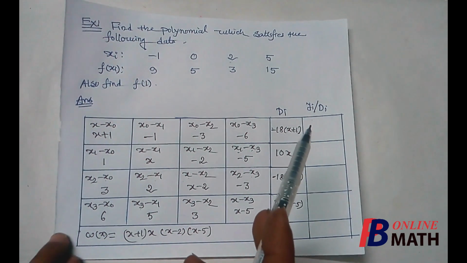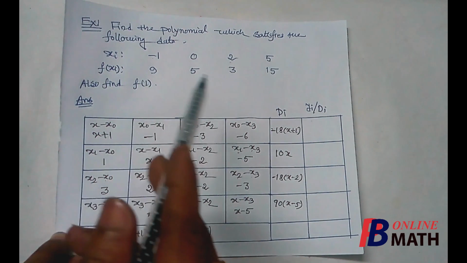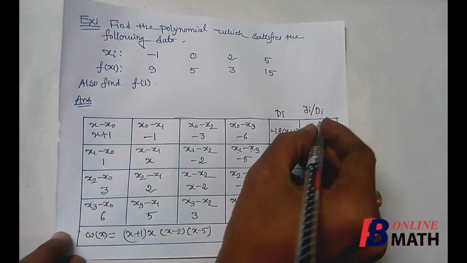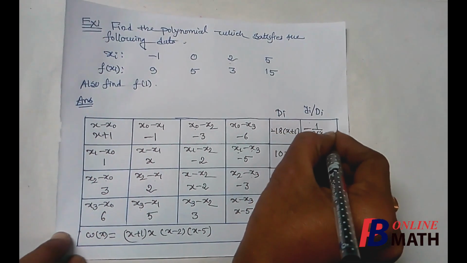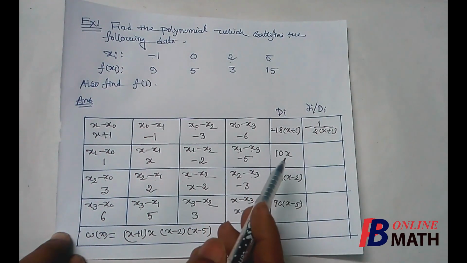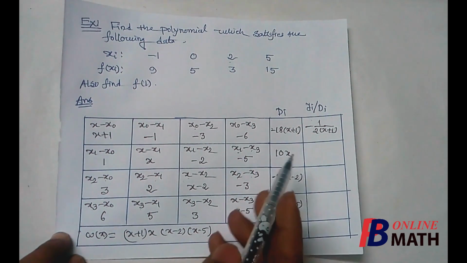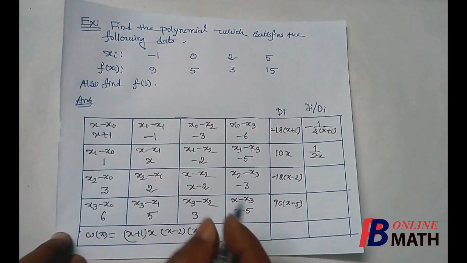And in Lagrange's formula, we need to find yi by di. So first we find y0 by di. What is the value of y0? y0 is 9. So 9 by d0. It is minus 1 by 2 times x plus 1. Next, y1 by d1. What is the value of y1? y1 is 5. So it is 5 by 10x. So it is 1 by 2x.